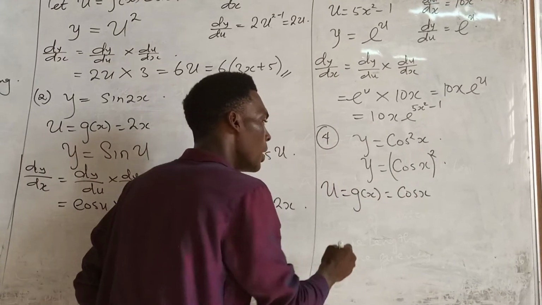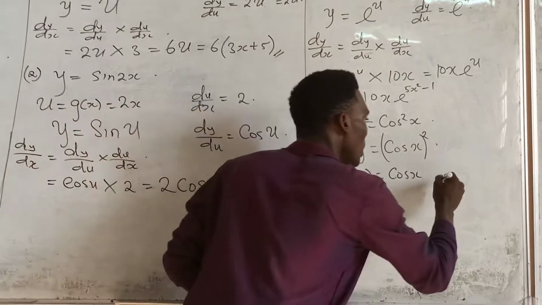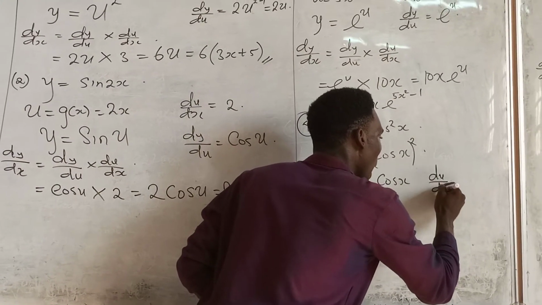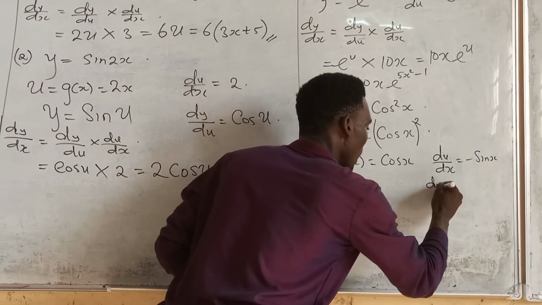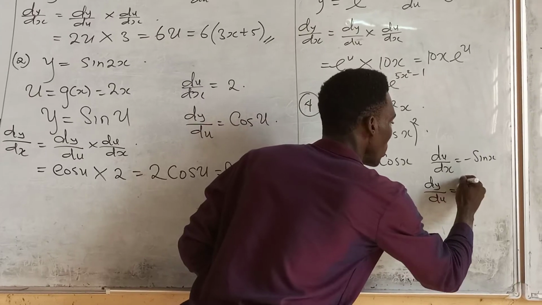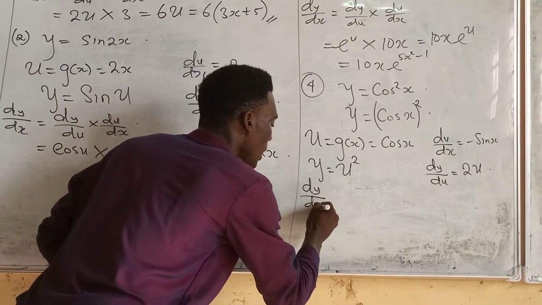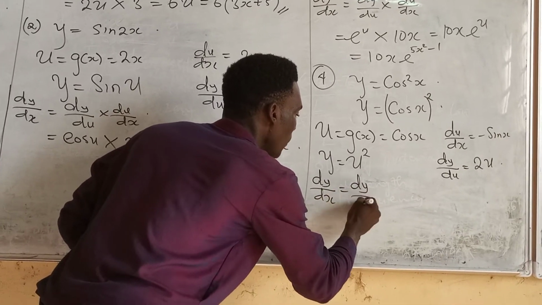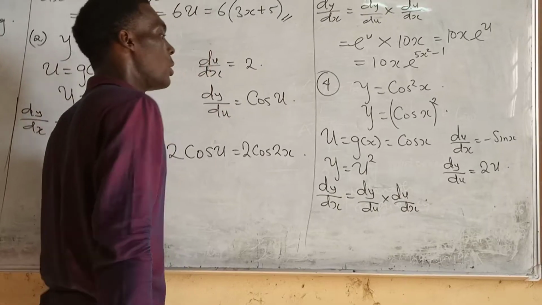Cos x. Then our y will become u squared, and du/dx will give us minus sine x. Then dy/du will give us 2u. Applying the formula, dy/dx equals dy/du times du/dx. And what's our dy/du?